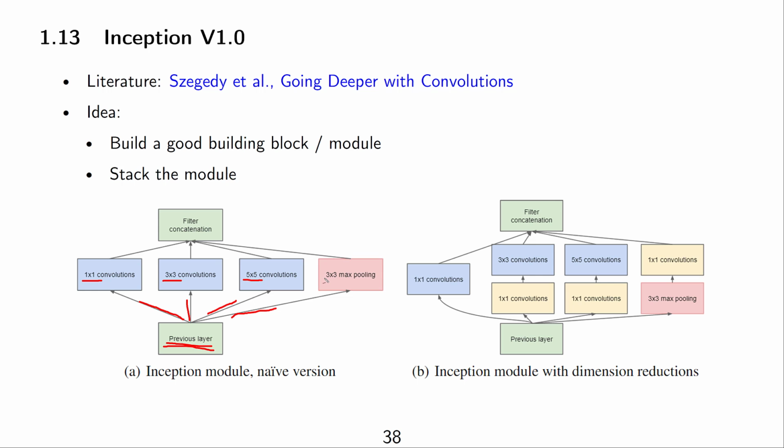And then maybe max pooling also helps, so let's also add a max pooling. But this max pooling is done without stride, so it does not change the resolution. At the end, we obtain multiple tensors that all have the same spatial resolution, and therefore we can concatenate them together here.